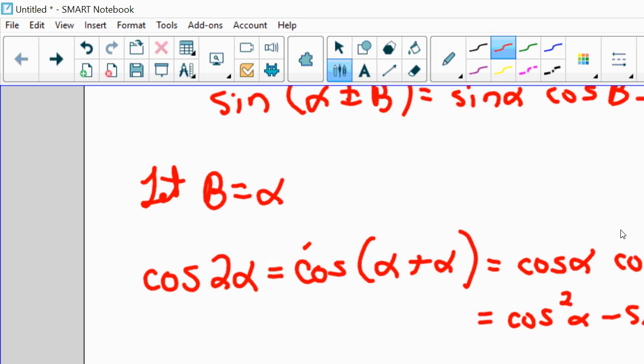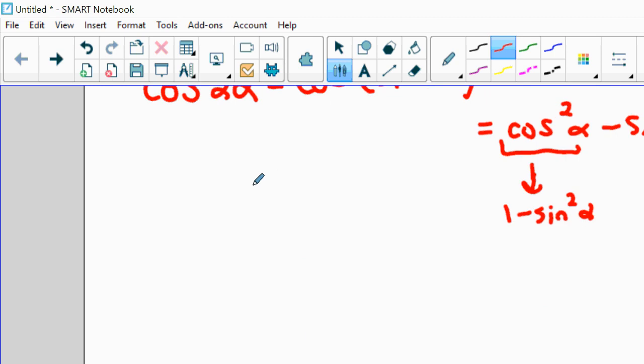Now, that's one of them for cosine 2 alpha. Next, replace this with 1 minus sine squared alpha, and you also get a second one, which is 1 minus the sine squared minus another sine squared, is 1 minus 2 sine squared alpha.